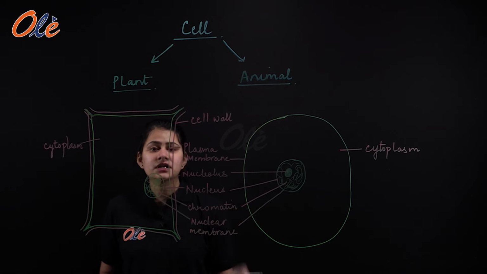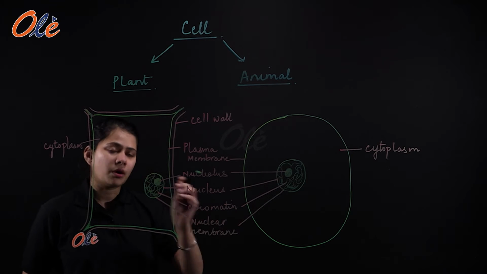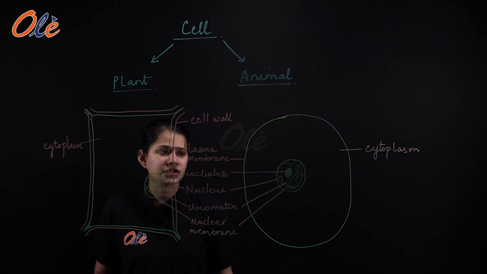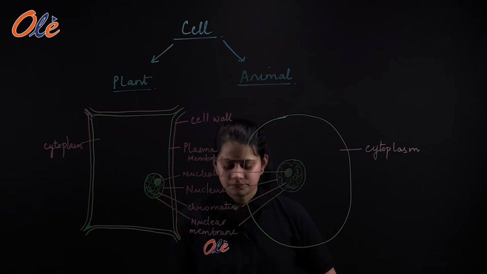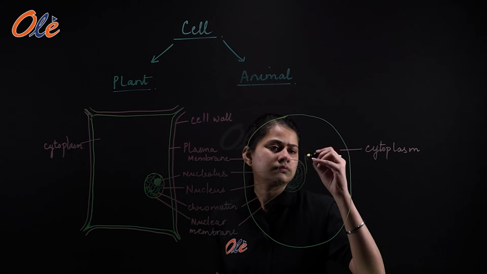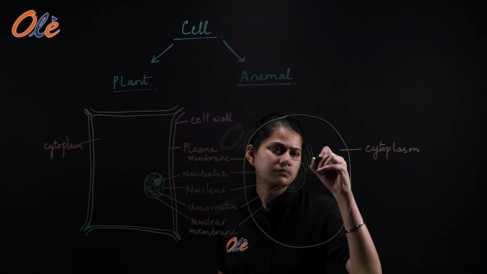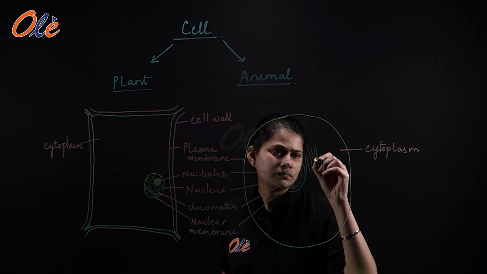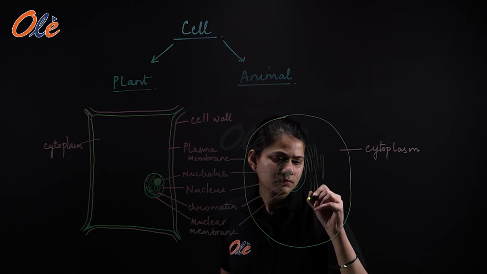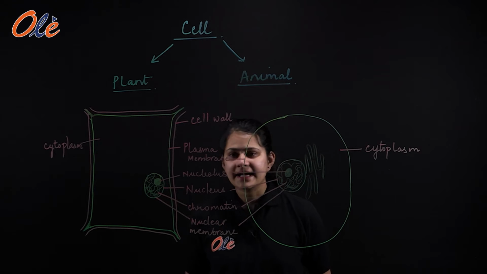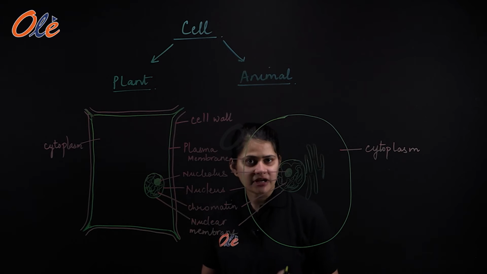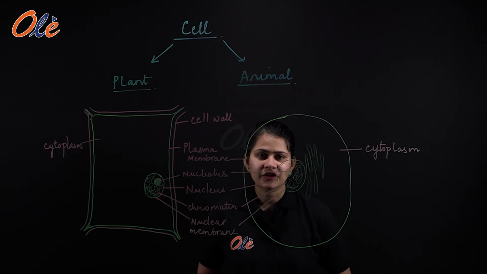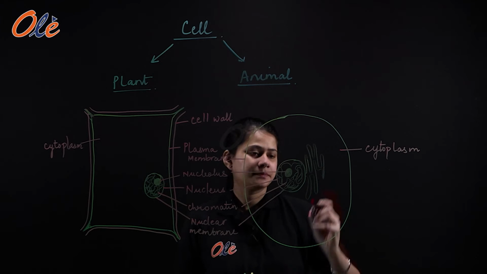Okay, so the first organelle that we are going to draw is common to both plants and animals. So we are going to draw the endoplasmic reticulum. And as you know, the endoplasmic reticulum may have ribosomes on it, right? So we are going to first draw the rough endoplasmic reticulum and then the smooth one as well.